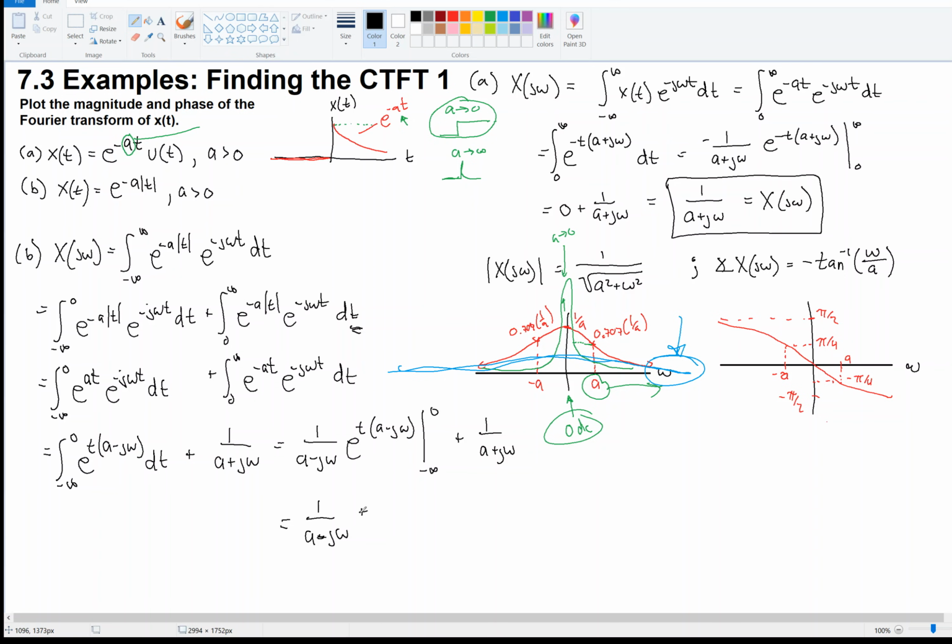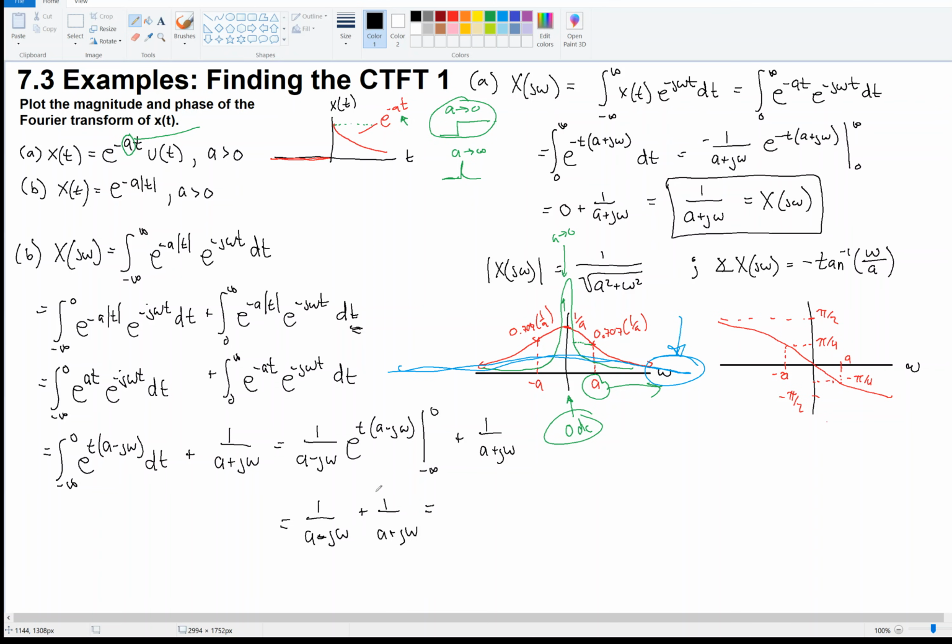And then I've got this guy, the one I've already done, still hanging around. Okay, so that's the answer, but we can simplify this a little bit. We note that they are complex conjugates of one another. And so I can get a common denominator of the multiplication of those two things. So this actually works out really nicely.